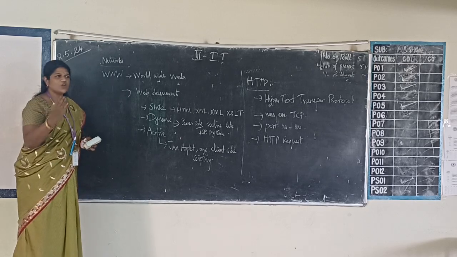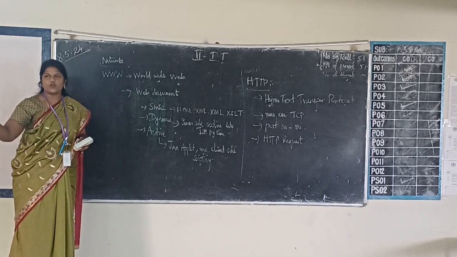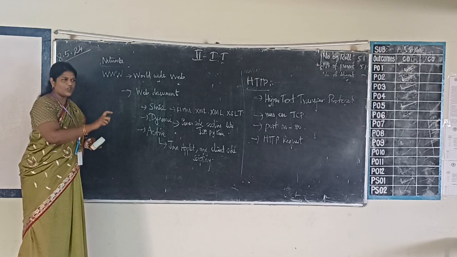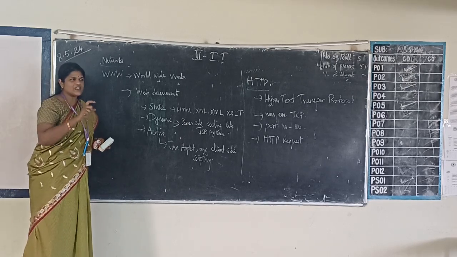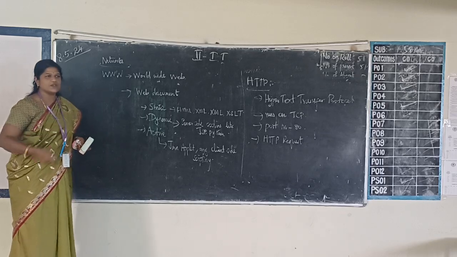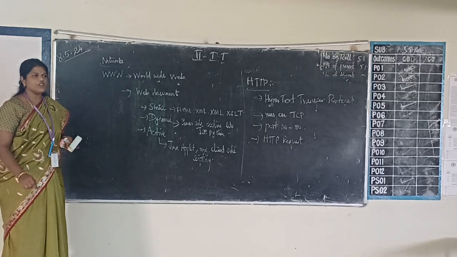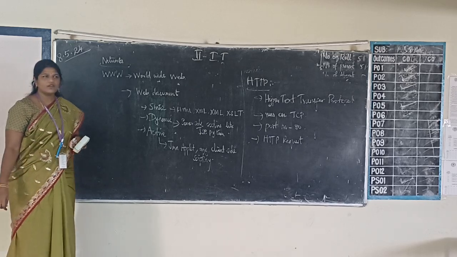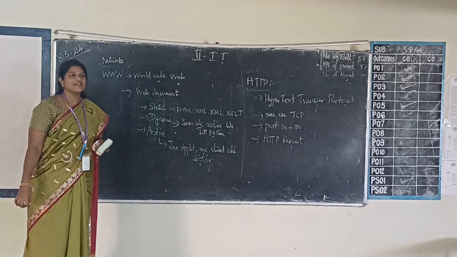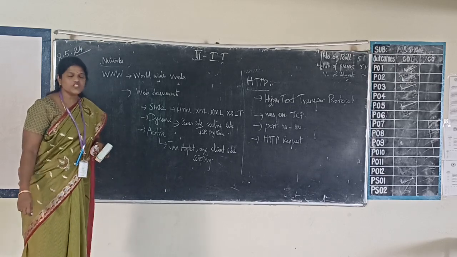A URL should be transferred through a protocol. So the first part is the protocol through which that request is sent. So HTTPS. What's the difference between HTTP and HTTPS? Yes, protection.